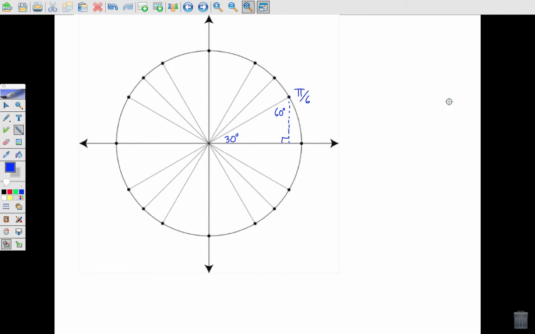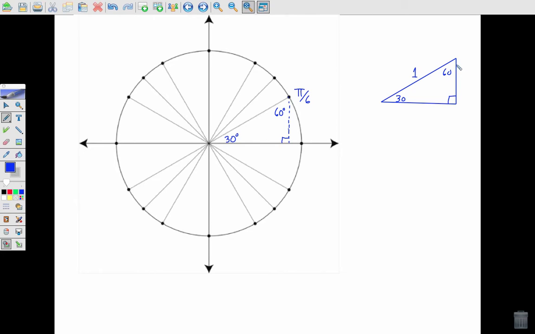This is again a special triangle. So let's just draw our triangle over here. We have a 30, 60, 90 triangle. And we know that this is 1 unit because it's a unit circle.